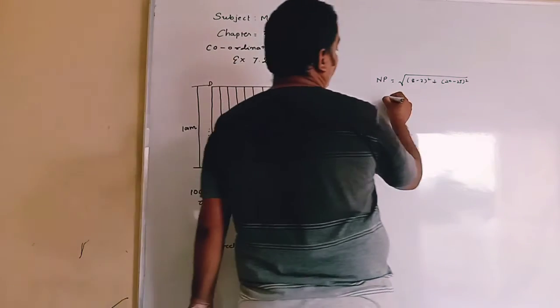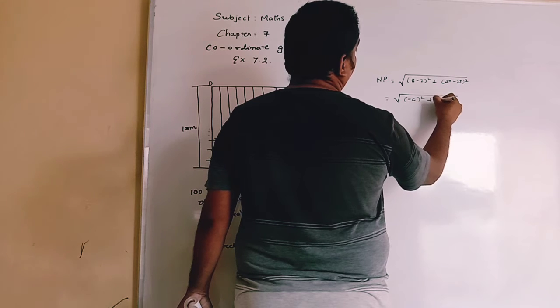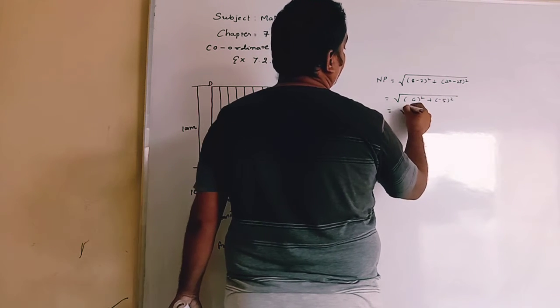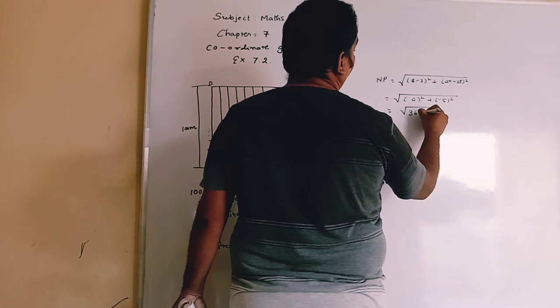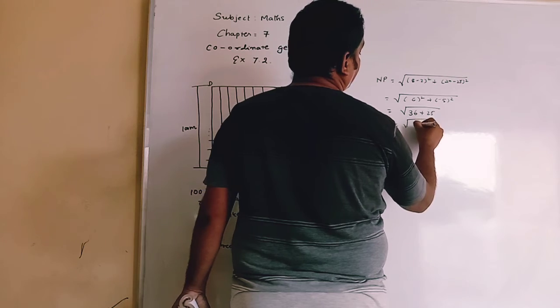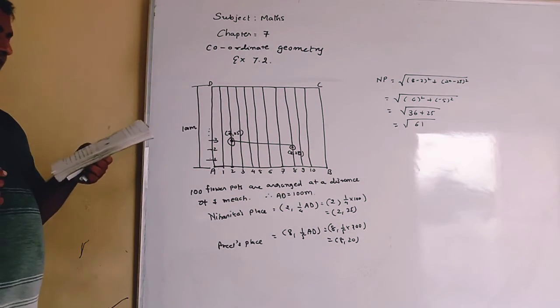So it will be 6 square plus minus 5 square, so it is 36 plus 25, that is 61. So the distance between them is root 61 meters.